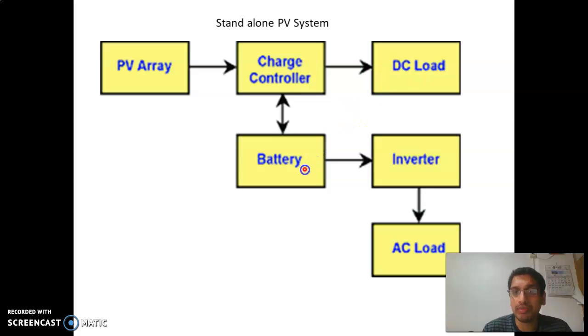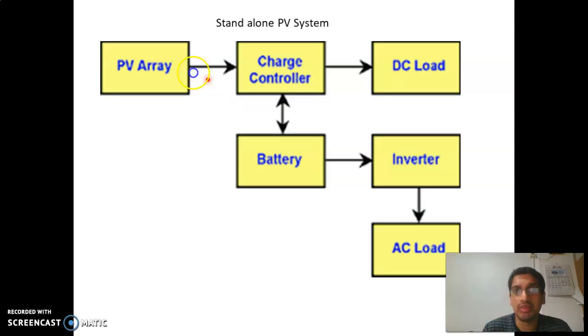And normally the loads are in AC nature. That's why we should connect an inverter. The inverter converts the DC supply from the battery to AC and it energizes the AC load. So this is the working of a standalone PV system. Battery is essential in a standalone PV system.